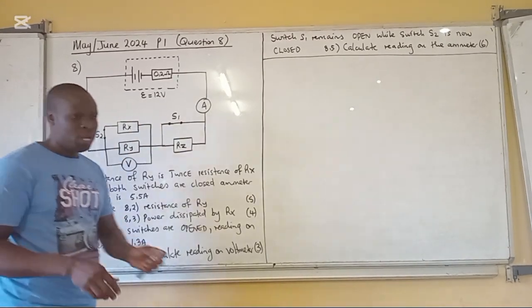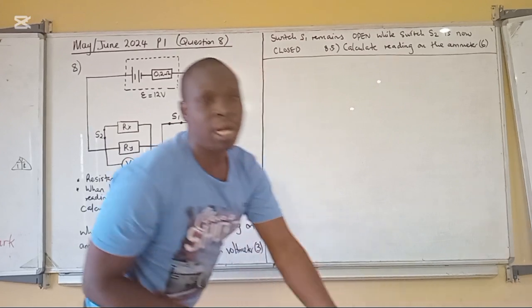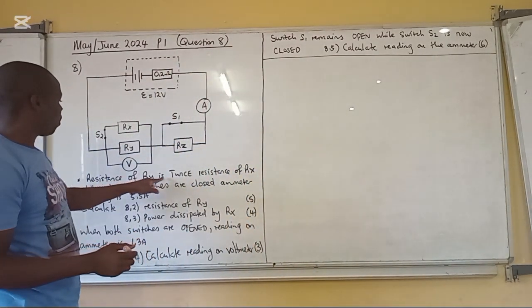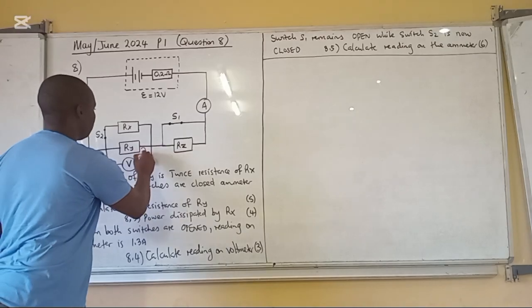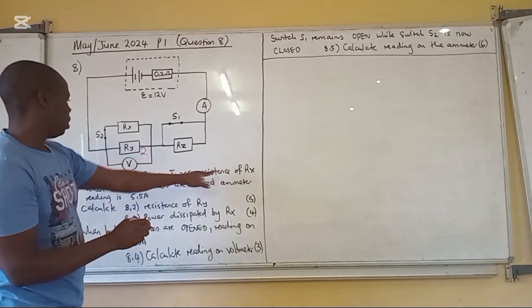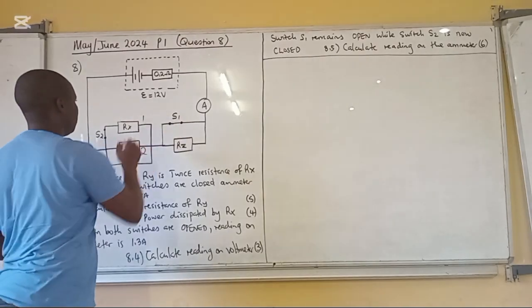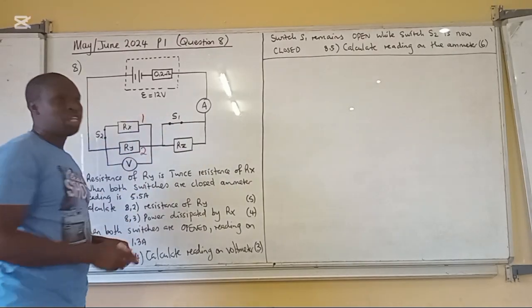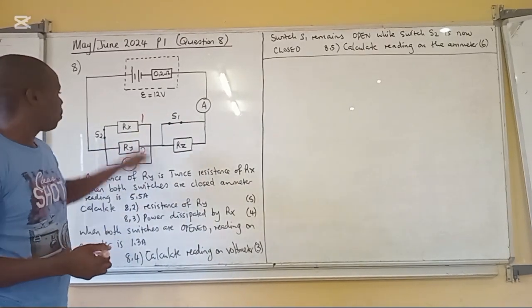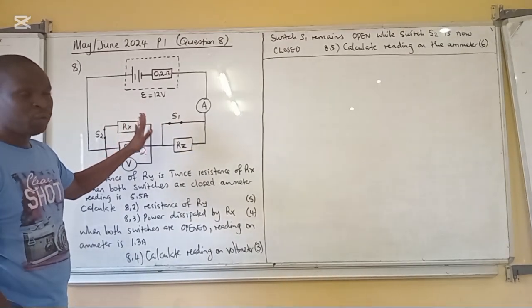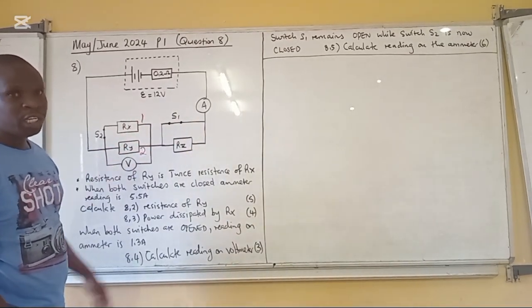I'm going to just use a different color to indicate that ratio. Resistance of Ry is twice the resistance of Rx. Here it's 1. So the ratio of the resistance is 1:2. It is a very important ratio that we are going to use for some calculations.